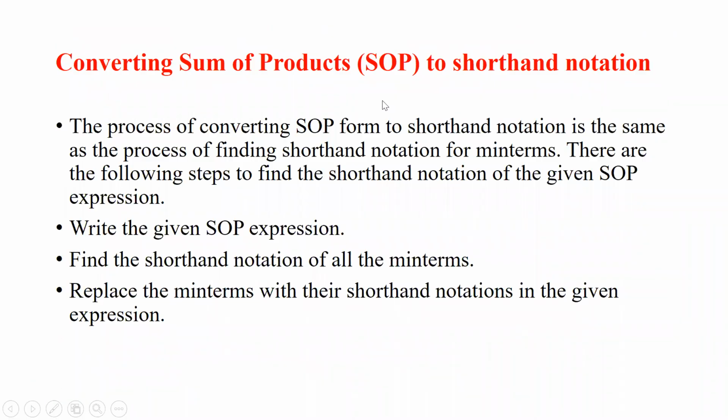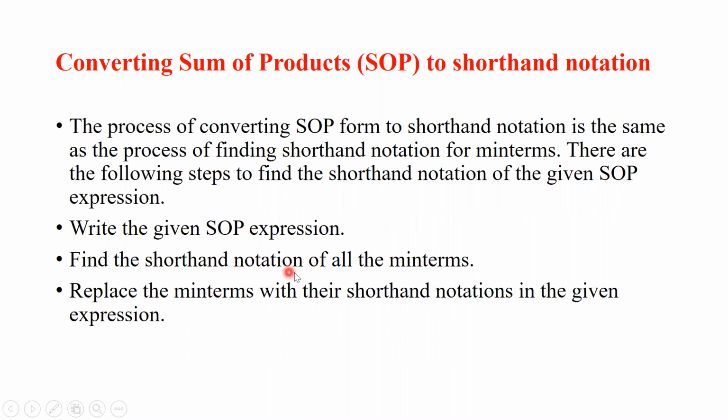Now converting the sum of product SOP to shorthand notation. We will be doing only this topic, otherwise it will be too much for you. First you write down the given SOP expression. Then find the shorthand notation.